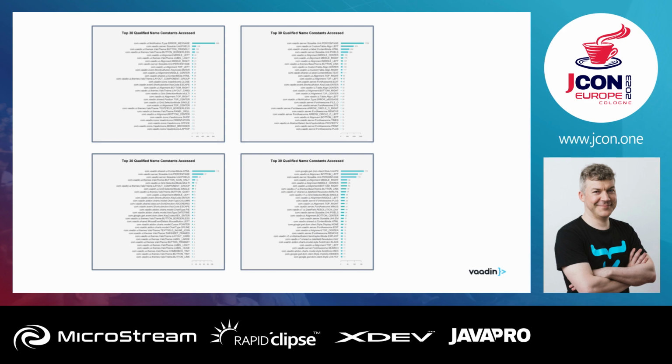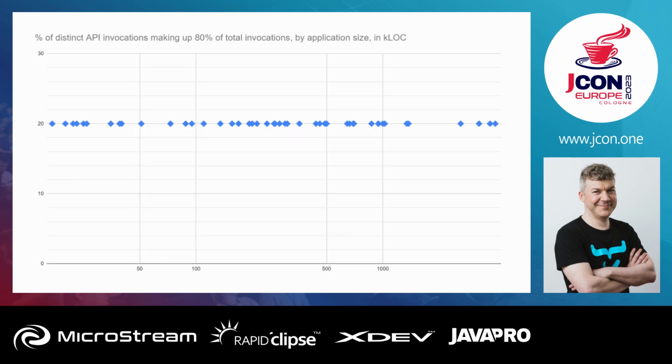So we could wonder, is this actually 80-20 also? And is 80-20 a constant across all applications, independent of the size of the application? If 80-20 were a constant and completely independent of the size of applications, then we could expect to see a graph something like this, showing the percent of distinct API invocations that you need in order to make up 80% of the total invocations, here ordered by lines of code of the application.